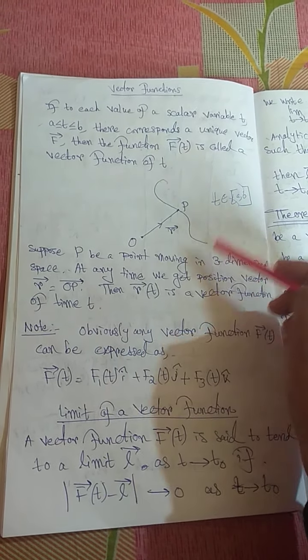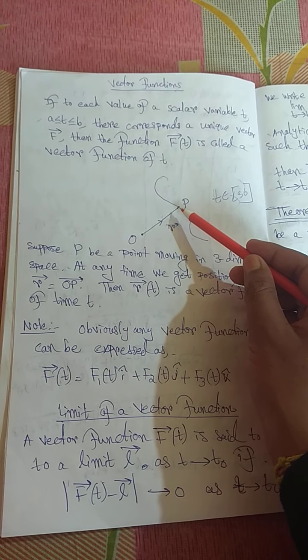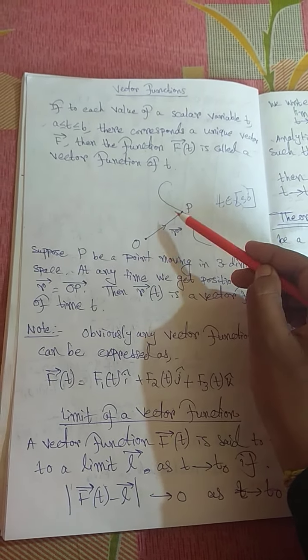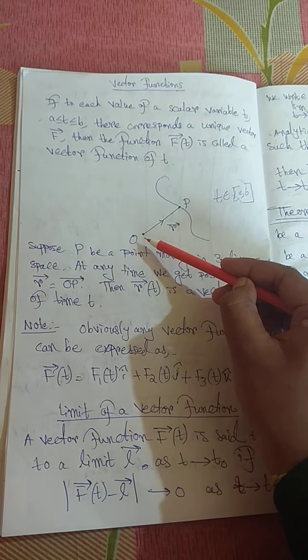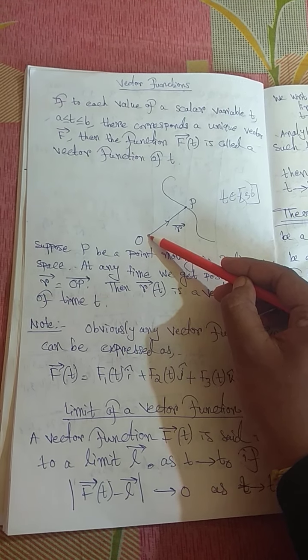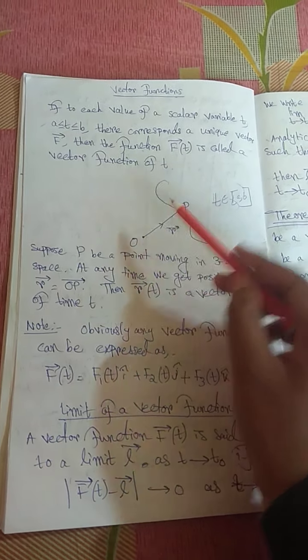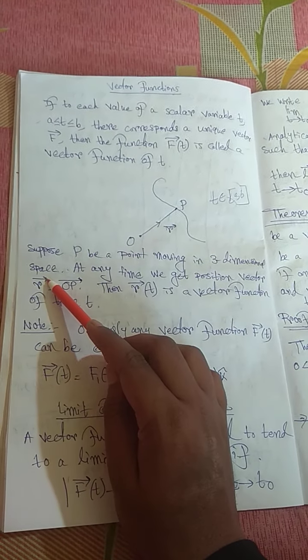Now we can give an illustration of this vector function like this. Suppose this is a three-dimensional picture, and on this three-dimensional curve there is a point P, and this is the origin O. Suppose P is a point moving in three-dimensional space.